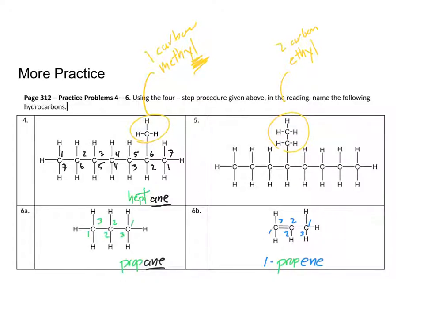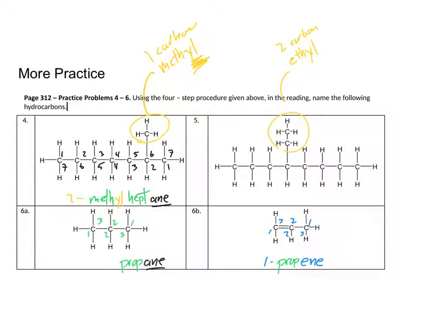Okay, but then there's a branch. Now the rule for double bonds and triple bonds is that we count closest to the beginning of the chain, and the same applies for the branches. In this case, my branch is a 1 carbon long methyl branch, and we still have to tell the world where it is, and it should be closest to the beginning of the chain, so it is a 2-methylheptane.